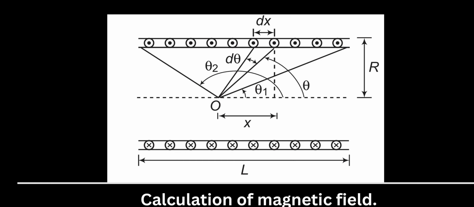Here n is the number of turns of the coil per unit length. Now this makes an angle d theta at the point where we are going to find the magnetic field, and this point lies on the axis of this solenoid. We are taking this solenoid of radius r. The total length of the solenoid is capital L.